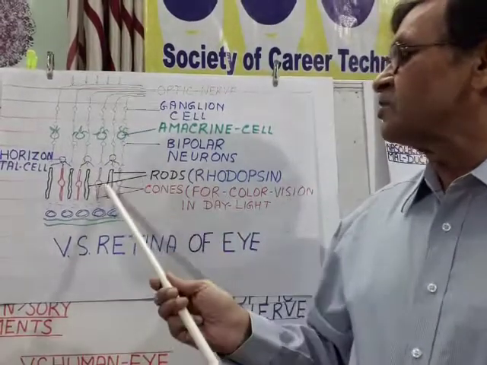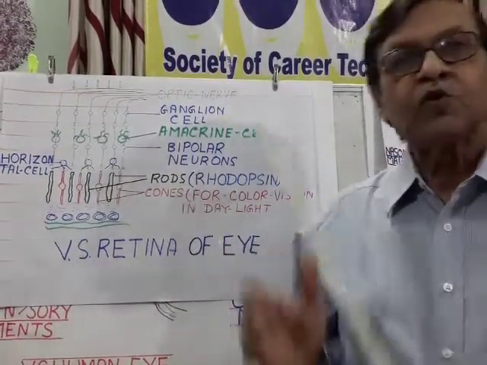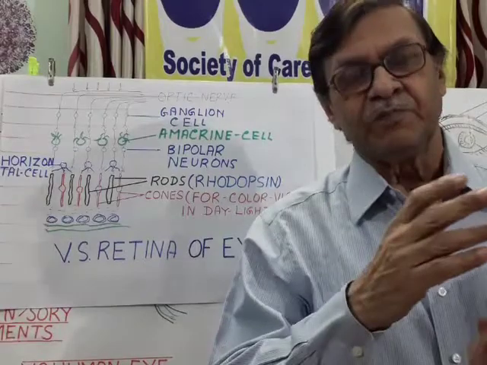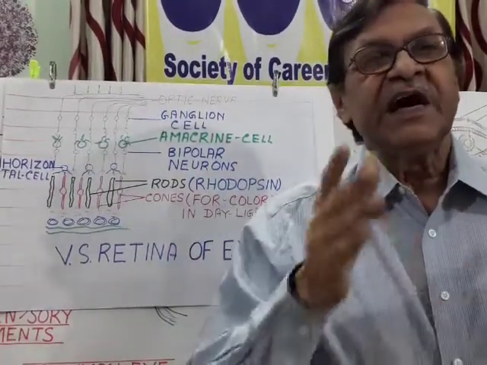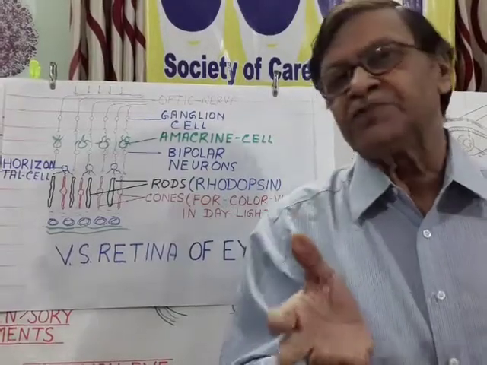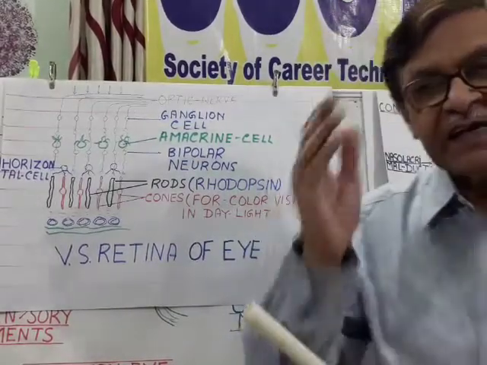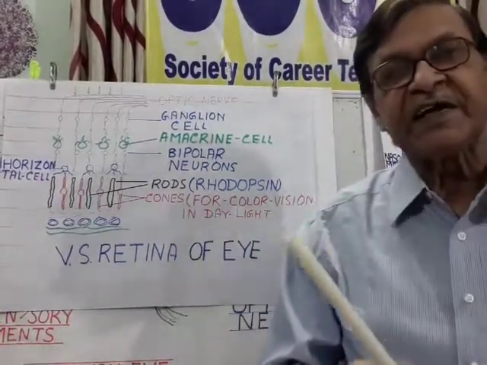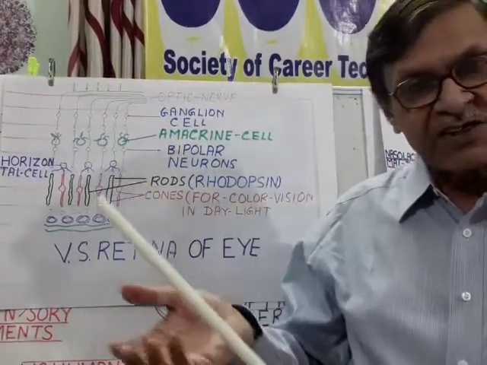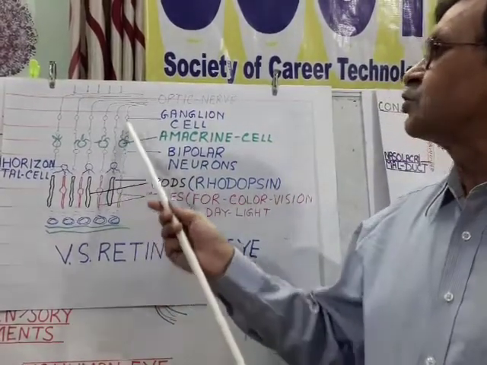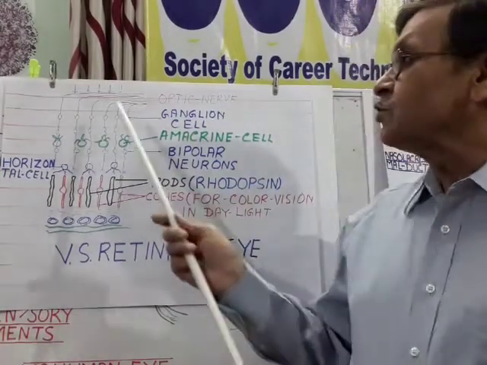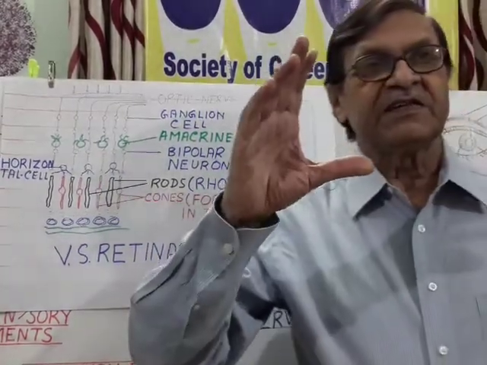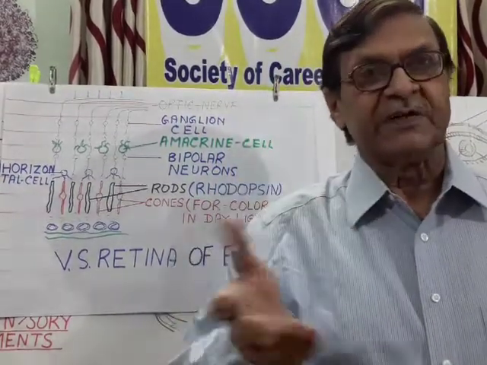Whenever the light falls on these cells, this rhodopsin breaks into two components, retinine and opsin, and this breaking of rhodopsin into retinine and opsin creates the electrochemical current, the action potential, which travels through the optic nerve to the brain. And due to this structure, it is said that the human retina is inverted.